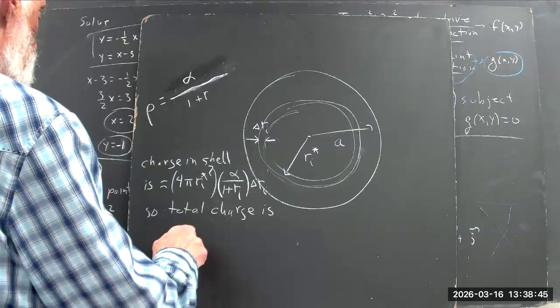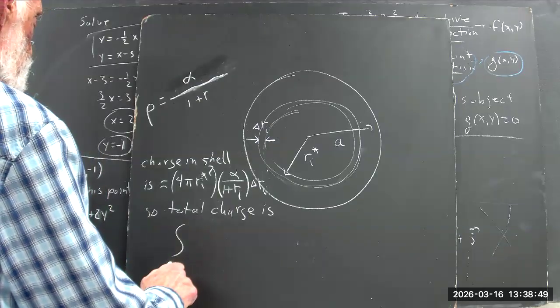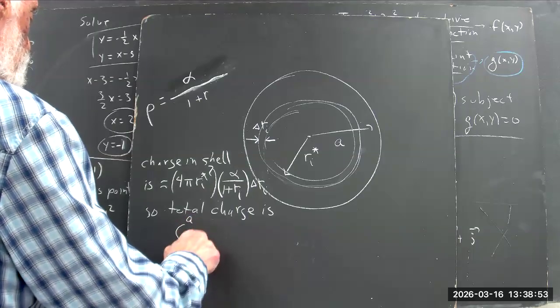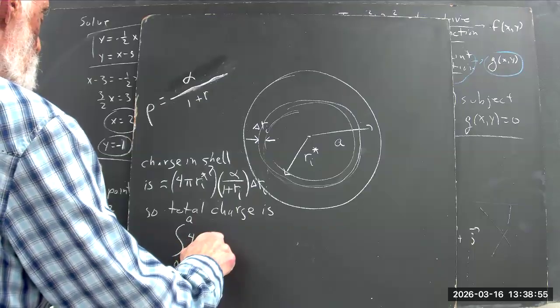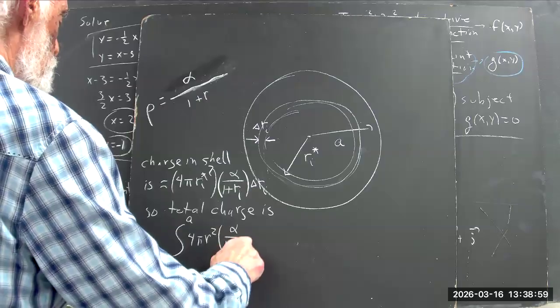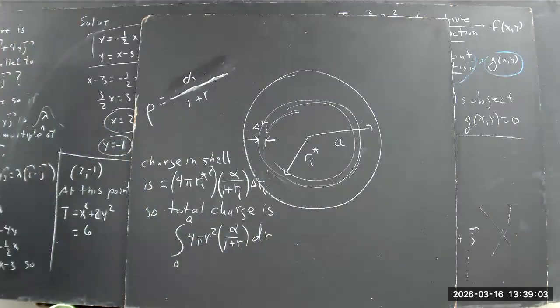The total charge is the integral from 0 to A of this, which is not a difficult integral.